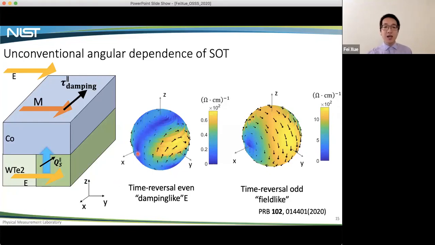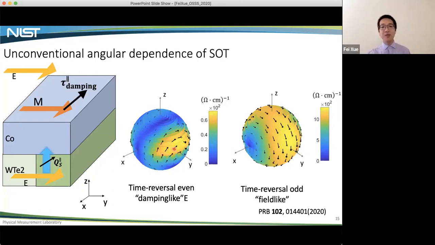And indeed, we get the vanishing torque for both the even and the odd part of the spin-orbit torque. So in this time-reversal even part, it's not damping-like anymore because it has some higher order contribution, the phi dependence. So it's a weird form, but that's not what we are going to go through in this talk. But it's symmetry allowed.